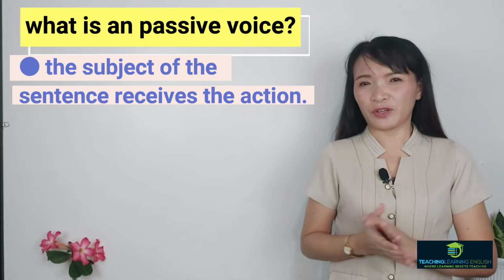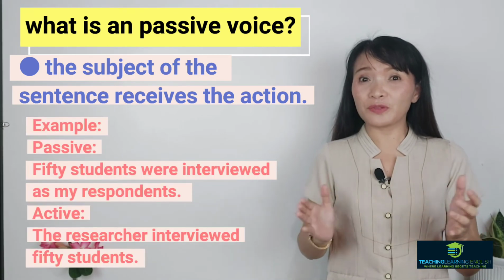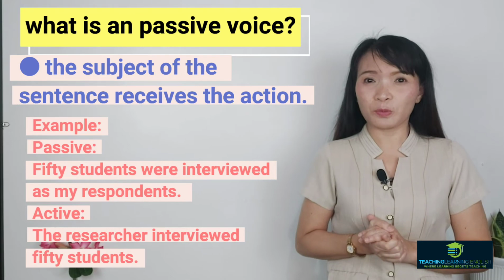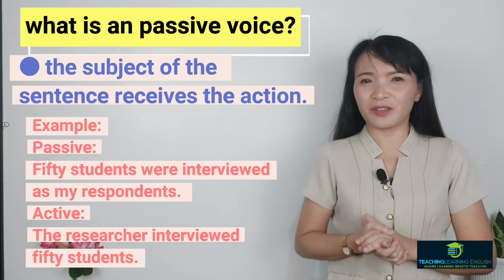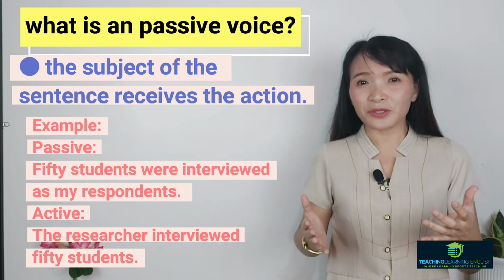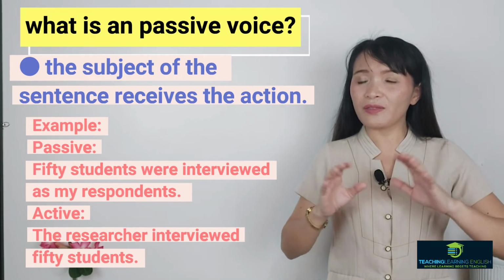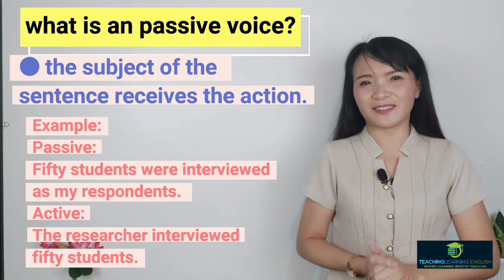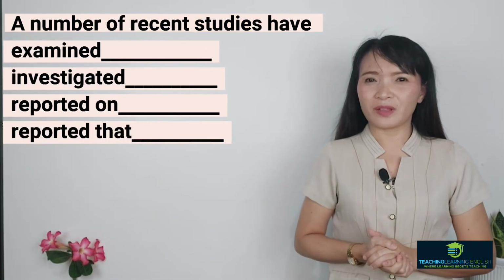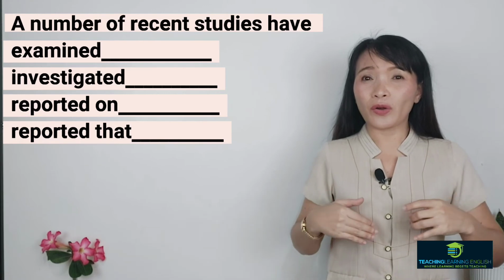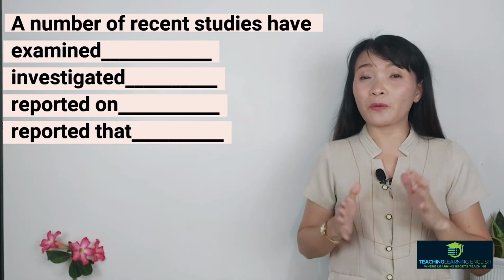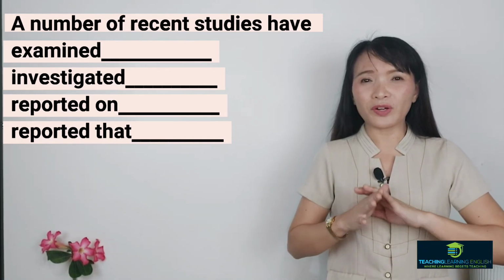In methodology, for example, you say "50 students were interviewed as my respondents." That's a passive voice. If we change it to active, you say "the researcher" or "I" or "we interviewed 50 students." Other examples are "A number of recent studies have examined" or "investigated" or "reported on" or "reported that."